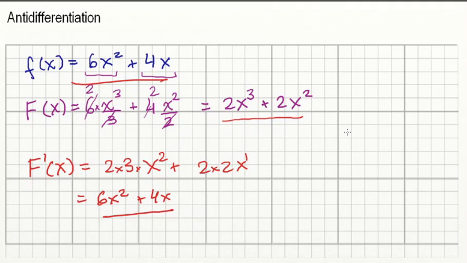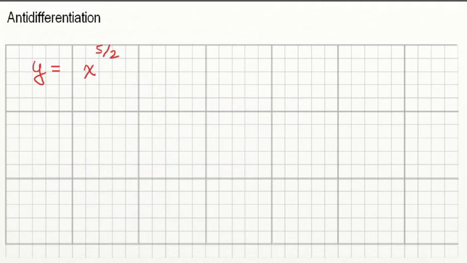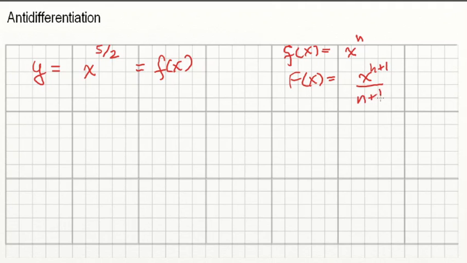Okay, let's see one more example now. So what about this case here? So I've got x to the power of a fraction. Well, let's just do the same thing, right? So if this is our function f of x, this is a power function, isn't it? So far we have seen that if our function is x to the power of n, the antiderivative of that function will be x to the power n plus 1 over n plus 1.